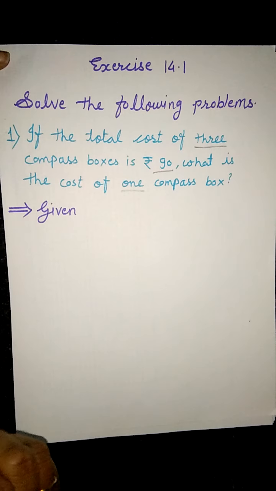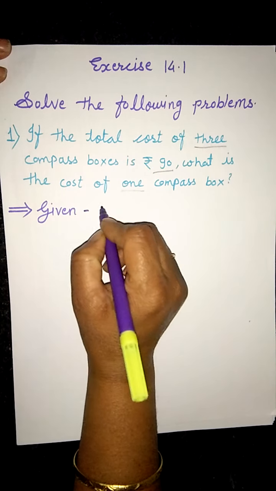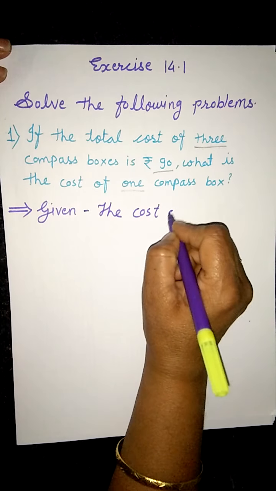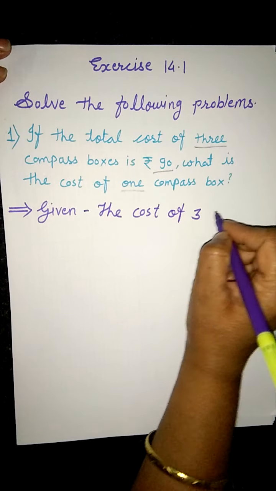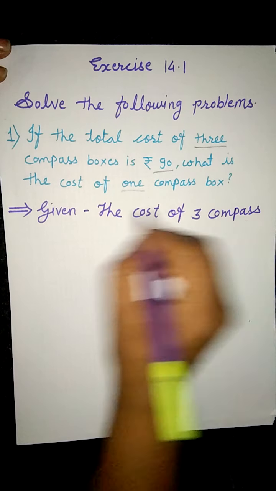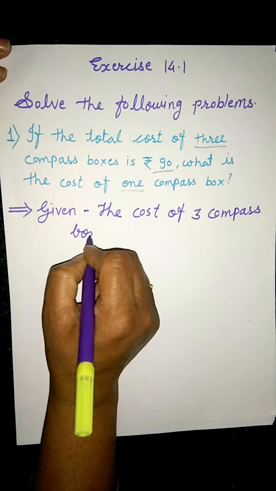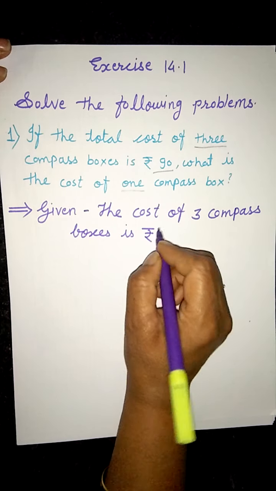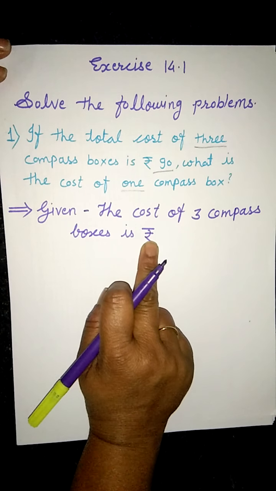So what is given here? The cost of 3 compost boxes is, children, this is the sign of rupees.